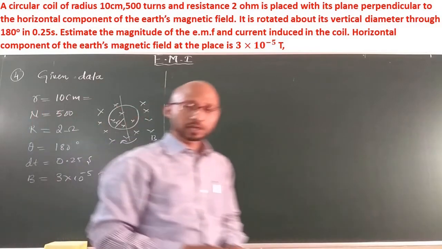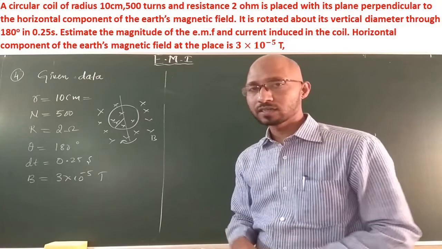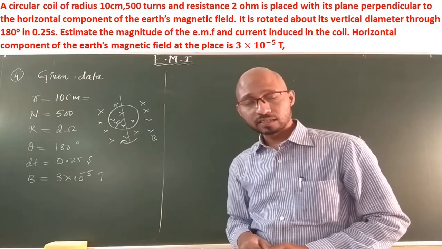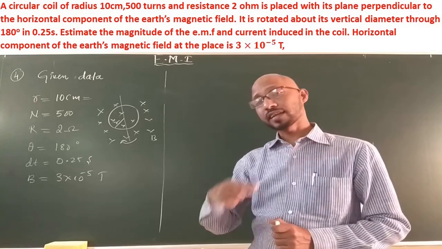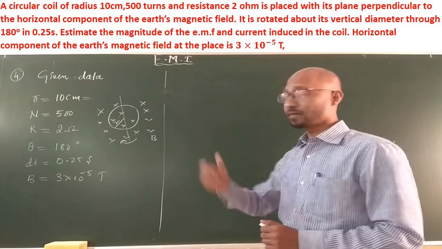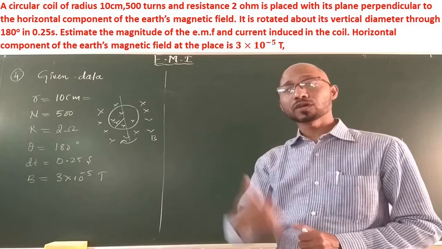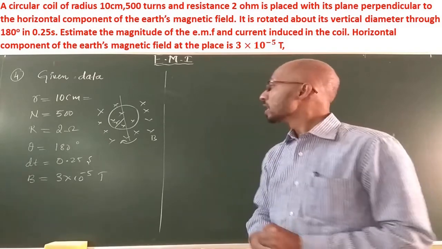Once again, check it here. A circular coil is given whose geometry is given: radius 10 centimeter. The number of turns on the circular coil is 500, and the resistance of the coil is 2 ohm. The plane of the coil is kept perpendicular to the horizontal component of Earth's magnetic field.